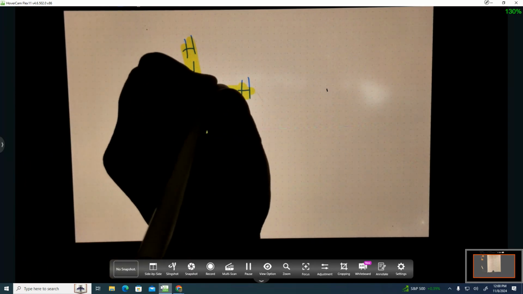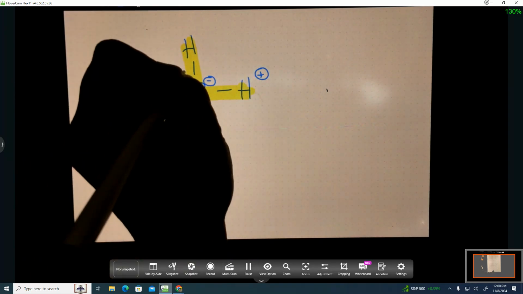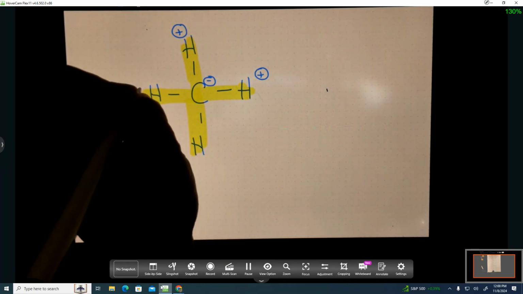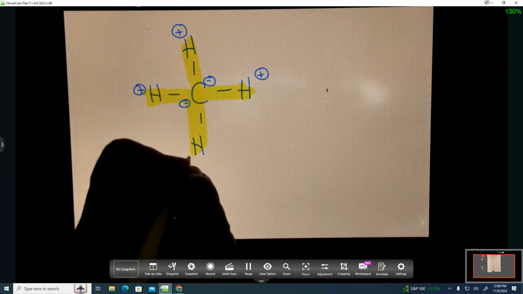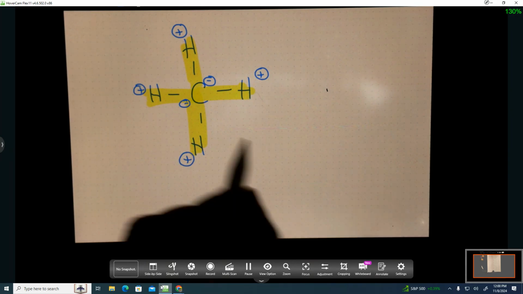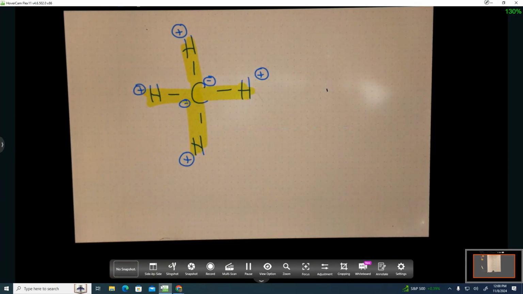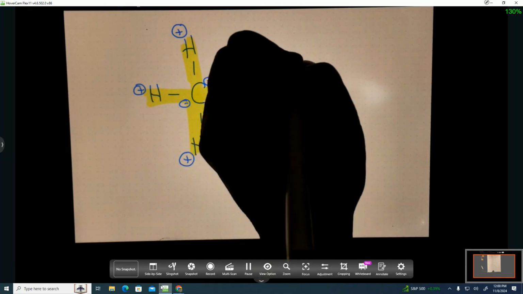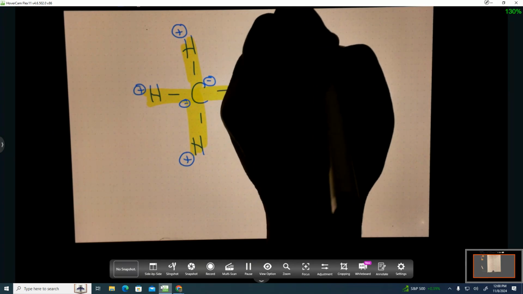The C. And the H is going to be slightly positive. Do you see that? Okay? Does this molecule have a side that's positive and a side that's negative? No. So the molecule, the whole thing, is going to be nonpolar.